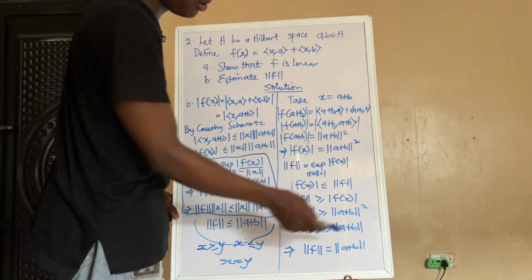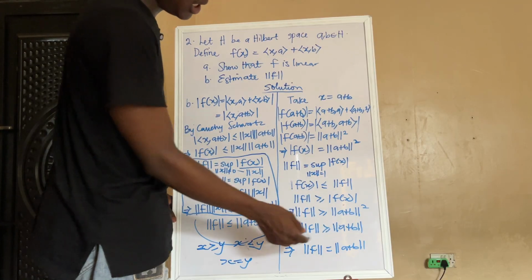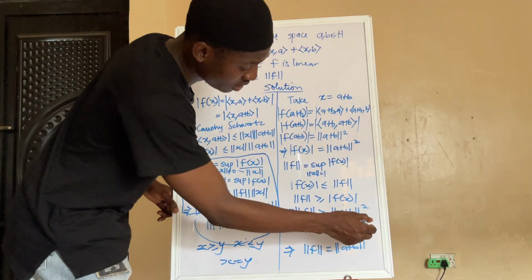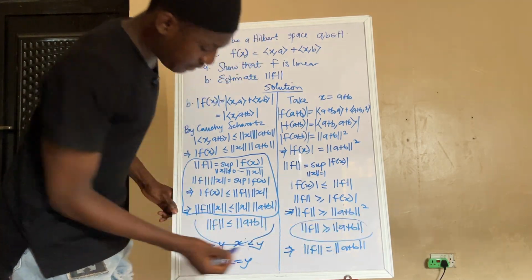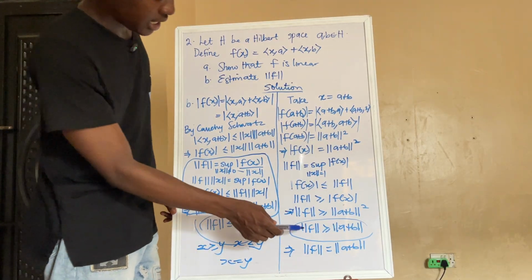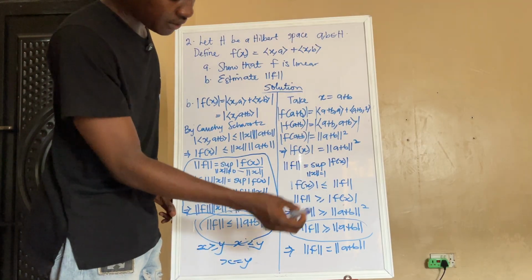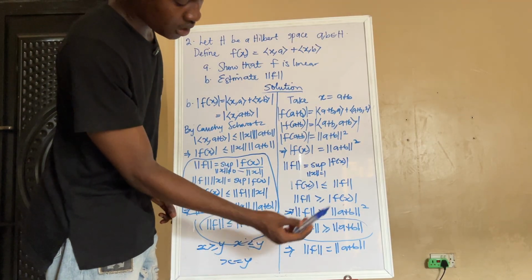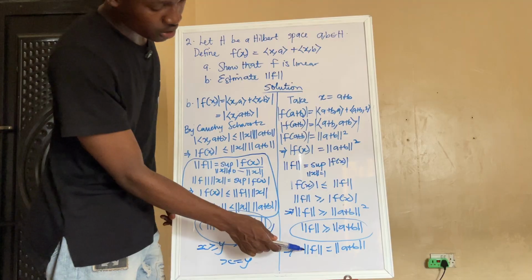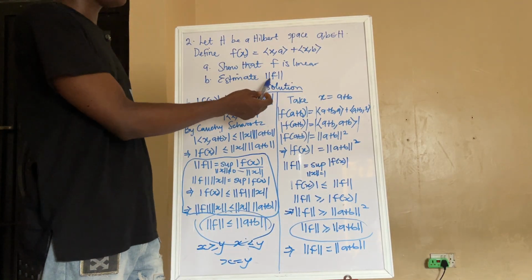So I can just lose this square and say that the norm of f is greater than or equal to the norm of a plus b. Since I've been able to show this, and I've also been able to show this, note that here it is less than or equal to it, and here it is greater than or equal to it. The only thing that works for these two is if it's equal. So that's why I was able to get to here that the norm of f is equal to the norm of a plus b. And that way we've been able to estimate the norm of f.